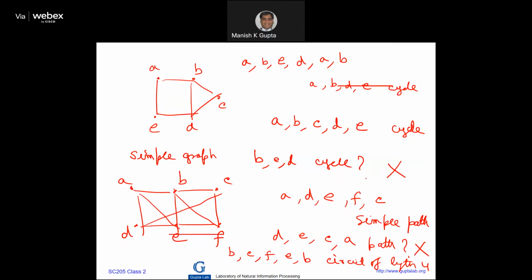This edge is coming twice, right? So basically, this is not a simple path. Of course, it is a path, but it is not a simple path. A simple path contains only one edge when you walk. Okay. I'm just giving you examples and the definitions, right? So I hope it is clear to you. Because edge AB is coming twice. Okay.